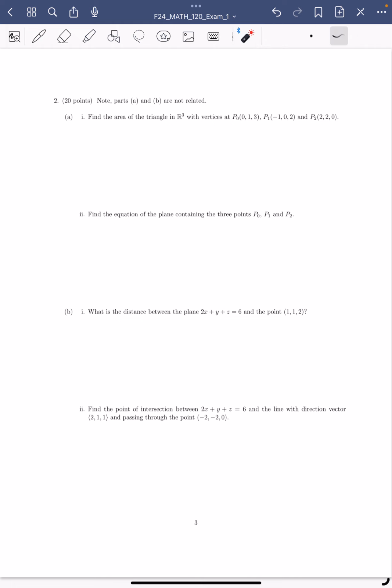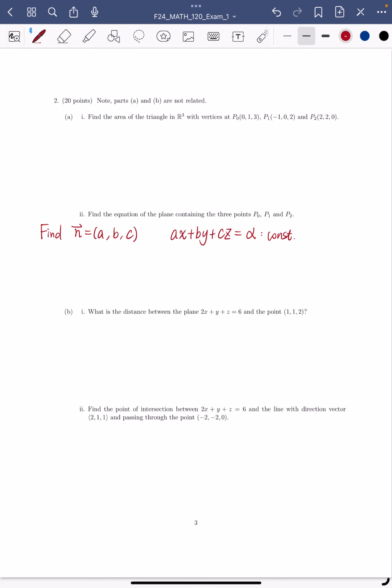Find the equation of the plane containing the points. So if we find a normal like this, then the equation of the plane is this plus some constant, let's say alpha. So alpha is a constant.